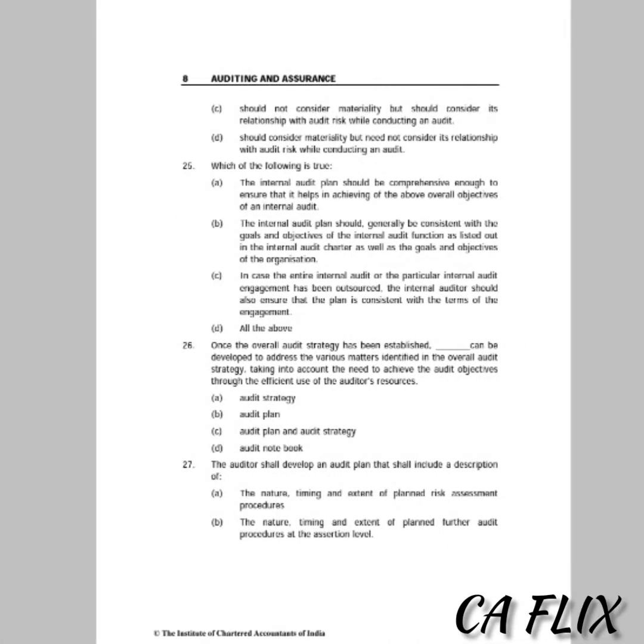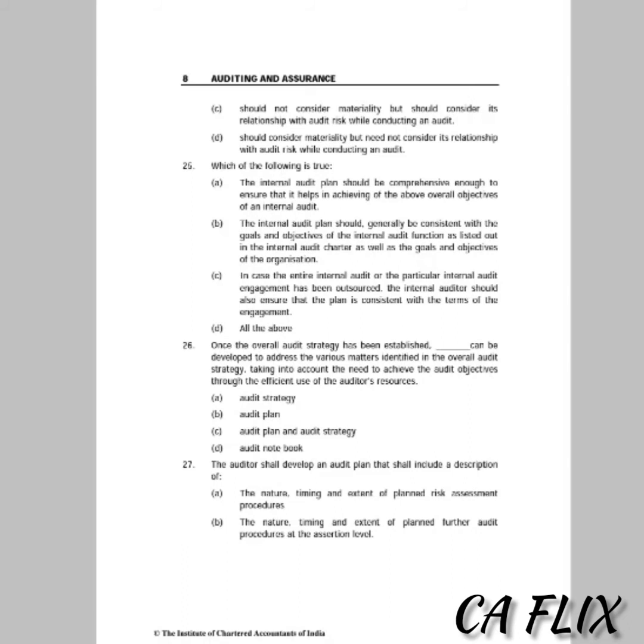Question 25. Which of the following is true? Option A. The internal audit plan should be comprehensive enough to ensure that it helps in achieving the above overall objective of an internal audit. Option B. The internal audit plan should generally be consistent with the goal and objective of internal audit function as listed out in the internal audit charter, as well as the goal and objective of an organization.